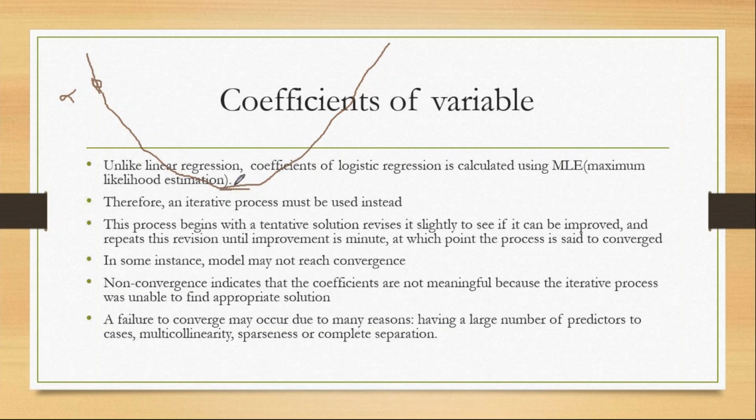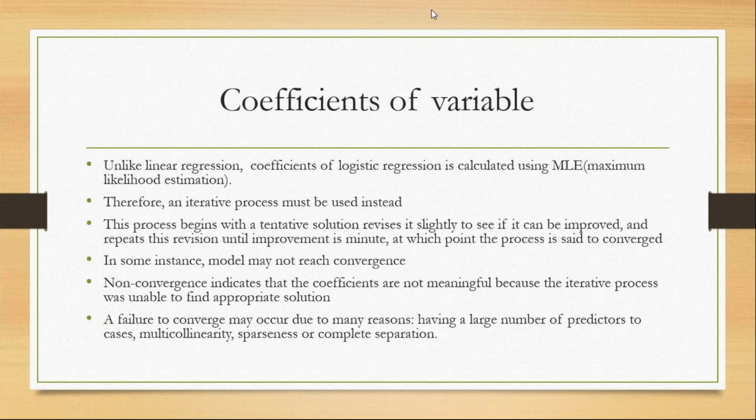And suppose it has gone up, it will again try to move down with a small value alpha. Until there is convergence, after which it can go neither up nor down, it has reached a convergence point. At that point, we take this as the suitable value for my beta. This is a way to explain how that coefficient is estimated.